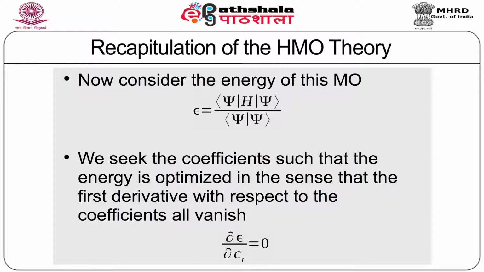We seek the coefficients in such a way that the energy is optimized, and this can be achieved by making the first derivative with respect to the coefficients all vanish. That means we require that del E del Cr equals 0.